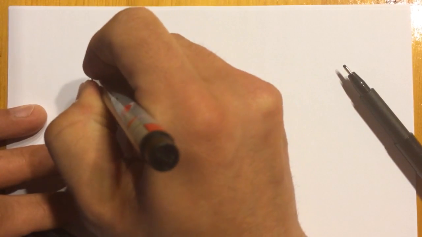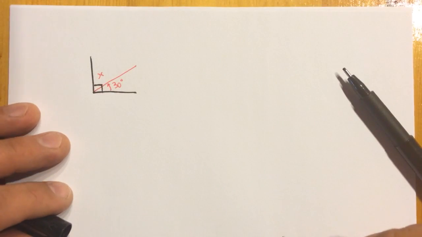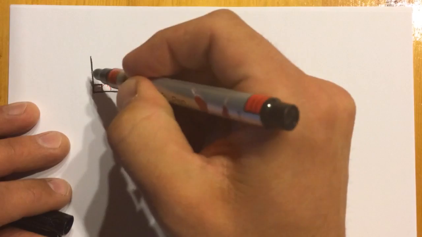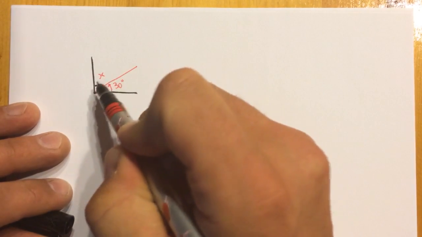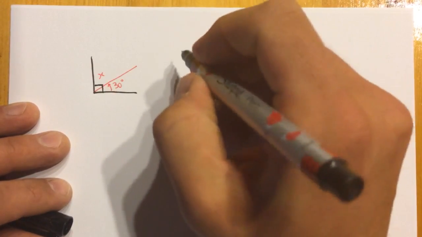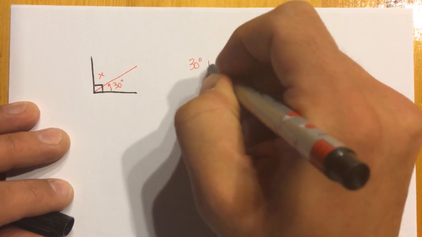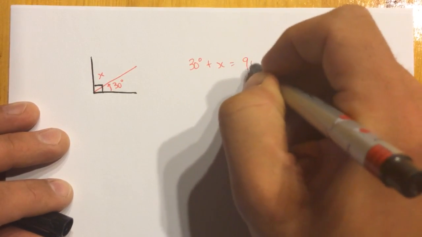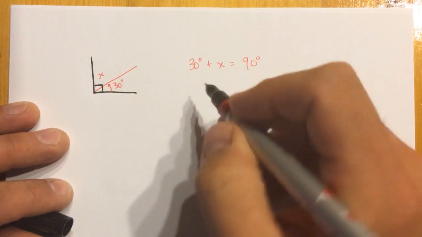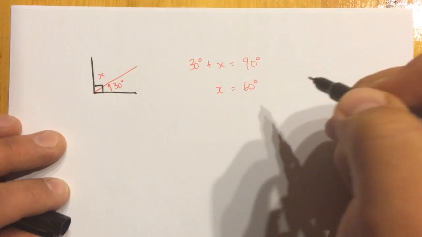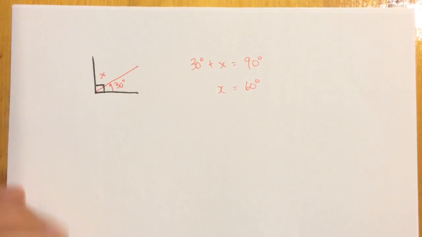And I have some unknown angle right there. There's x. Well, I know that this whole thing is 90. This little slice here is 30. And this remainder here must be the rest that adds up to 90. That is 30 degrees plus x equals 90 degrees. So subtracting 30 from both sides, I get that x must be equal to 60 degrees. This actually has a name.